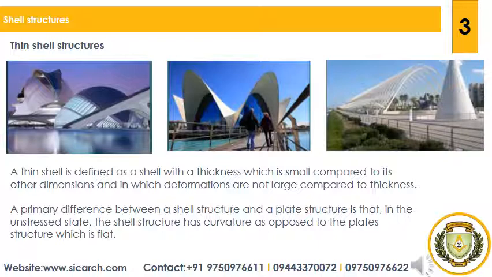So membrane action in a shell is primarily caused by in-plane forces, but there may be secondary forces resulting from flexural deformations, where a flat plate acts similar to a beam with bending and shear stress. Shells are analogous to a cable which resists loads through tensile stresses. So the ideal thin shell must be capable of developing both tension and compression.